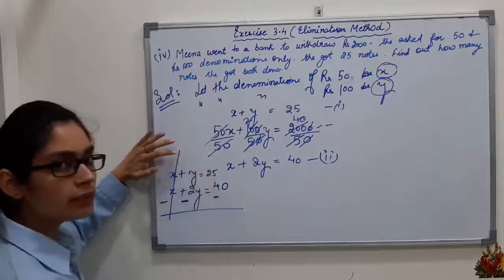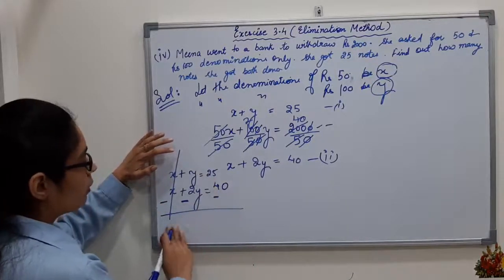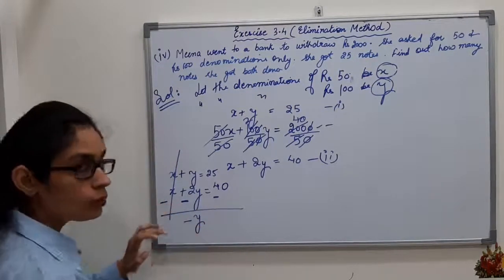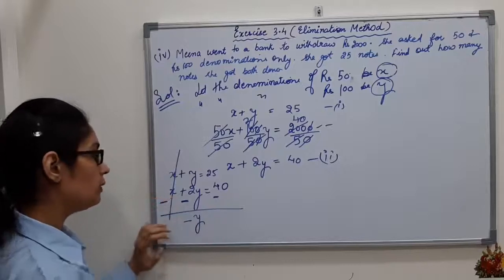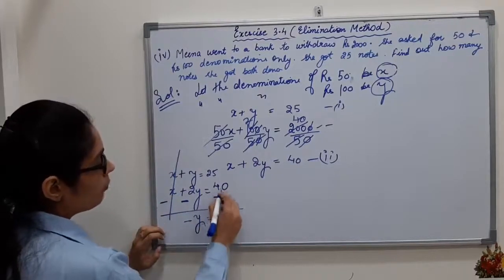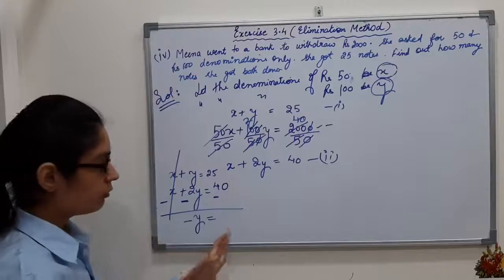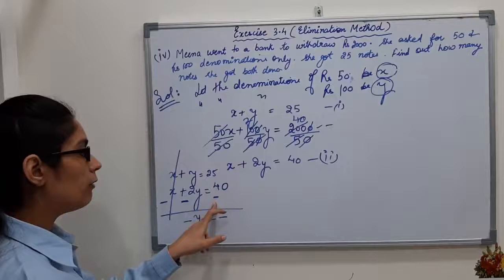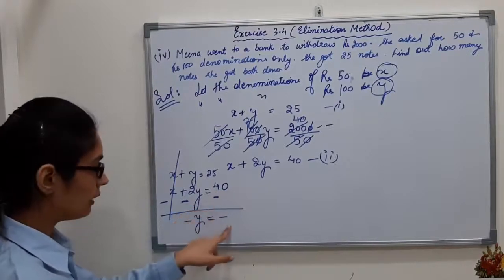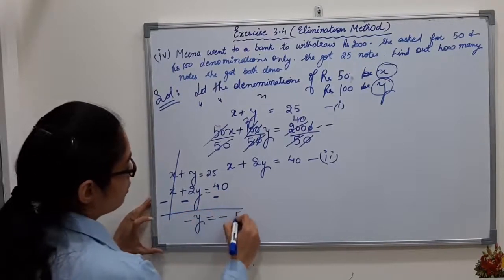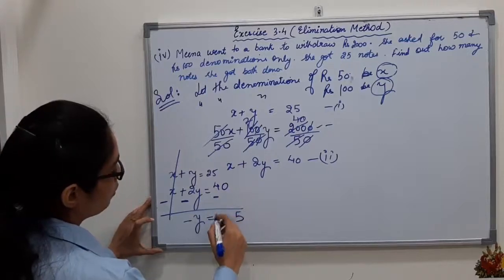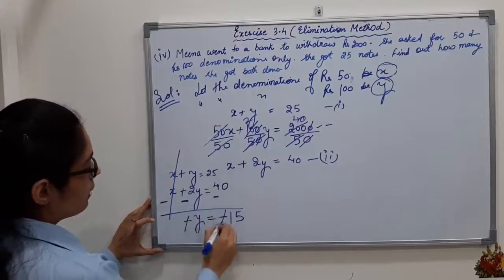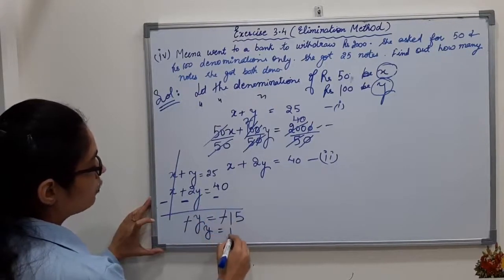Now plus minus is minus, 2 minus 1 is 1, and with the sign of minus, because with 2 we have minus sign and 2 is a bigger number. Again, with the bigger number, if you are getting confused, just put the sign at the starting. 40 is a bigger number, and with it we have minus sign, so minus I'll write. So I'll get 15. 40 minus 25 is 15. This minus and minus get cancelled. Y is equal to 15.